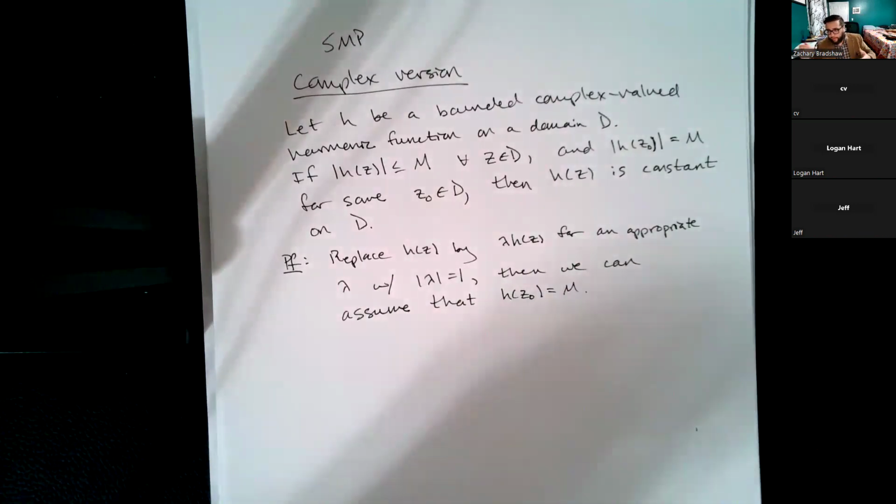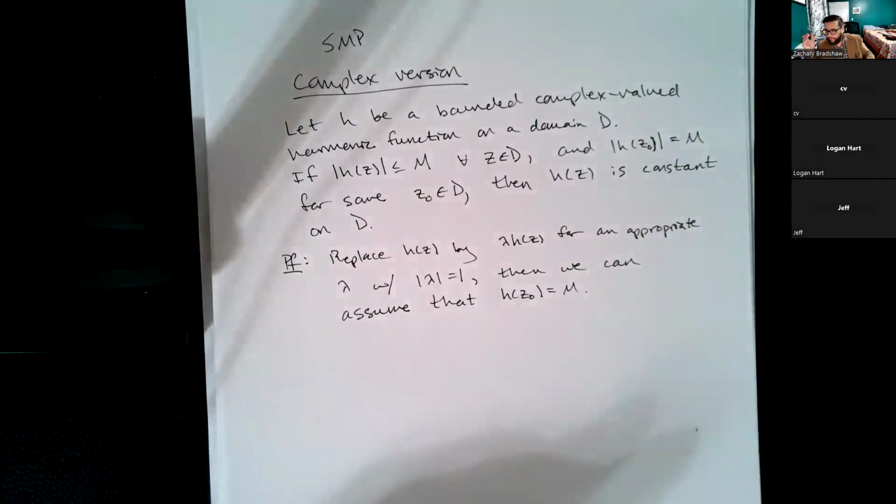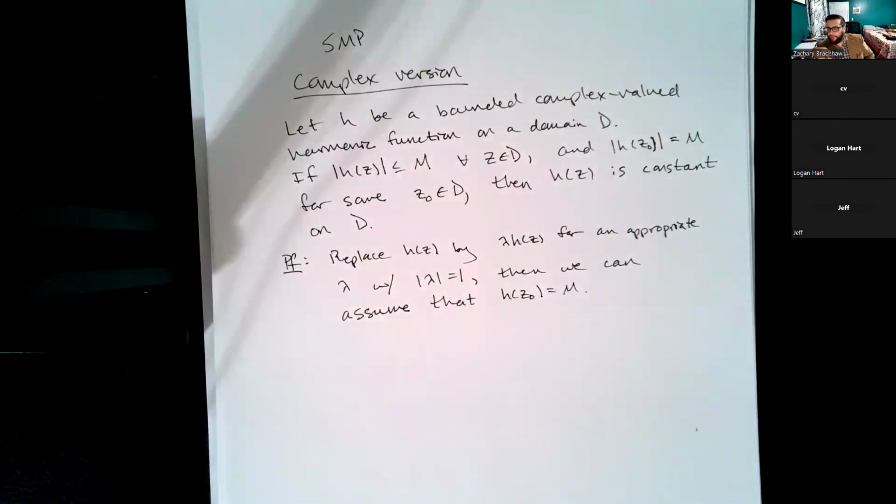Right. So if the modulus of h achieves the bound m at z0, well then there's some phase that we can multiply by that'll get rid of the phase of the function, right? So that it achieves this value m.